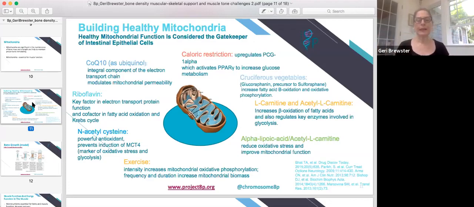And certainly exercise helps stimulate the mitochondria, and that also gets into optimizing muscle tone and optimizing bone density, like that weight bearing exercise. But all of this healthy mitochondria is really then within the cells of the bone, which now we can move to the next slide.